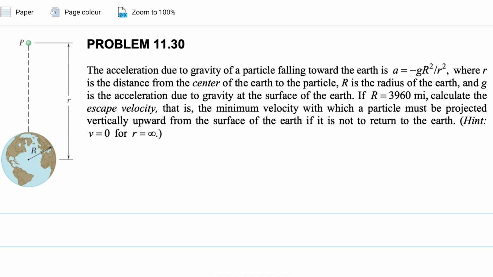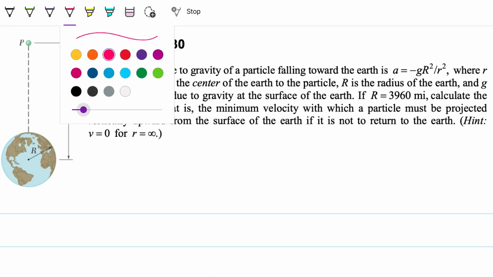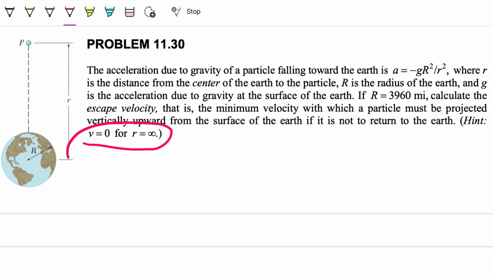So really, in my opinion, the hardest thing in this problem is having this understanding. They give it as a hint, so the hardest thing, we are already over it. Because the idea here is, if you launch yourself upwards and your velocity is 0 anywhere before you escape, then gravity is going to pull you back, right?